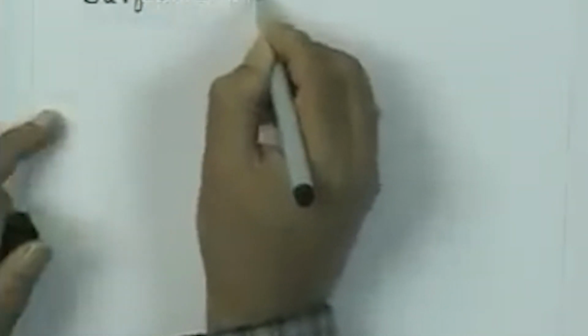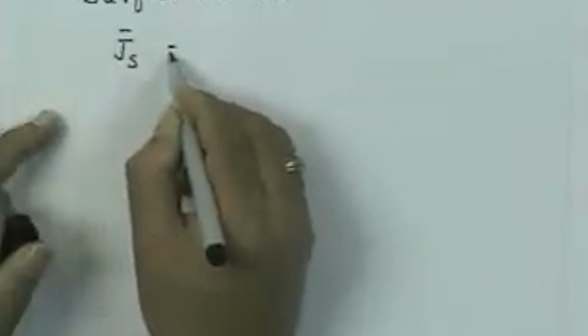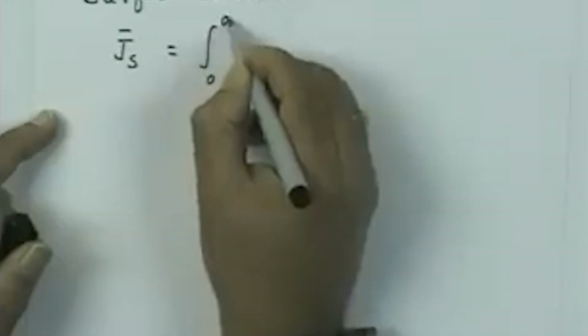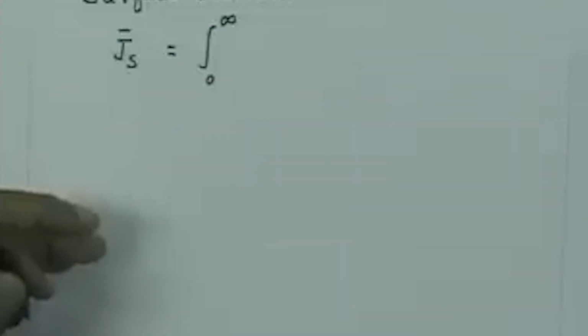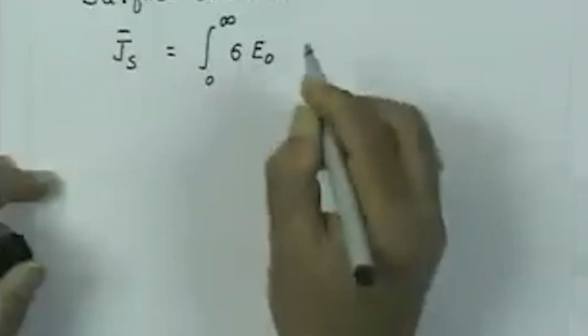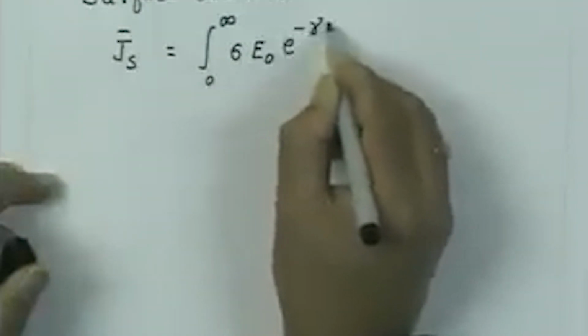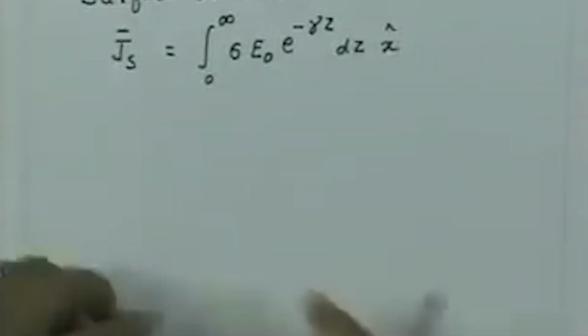So, let us say if I integrate this, I get a quantity which we call as the surface current, let us say Js, and that will be integrated over the entire depth, that means z going from 0 to infinity, this total current which is confined in that slab. So, I substitute here, which is sigma E0 e to the power minus gamma z dz in the x direction.